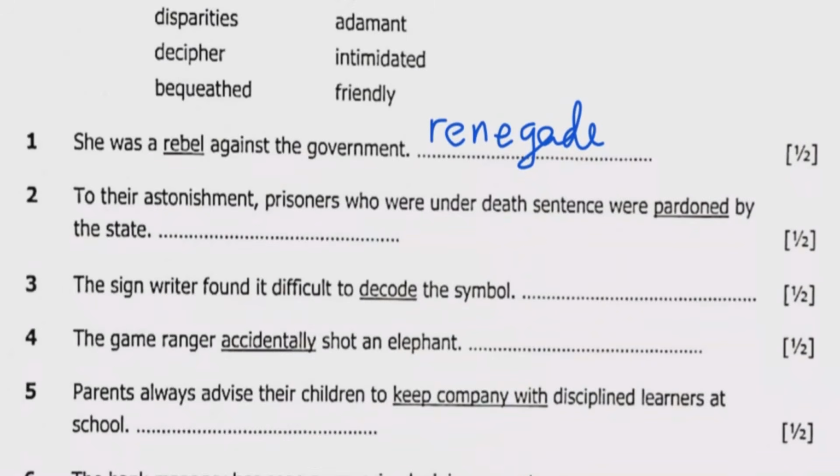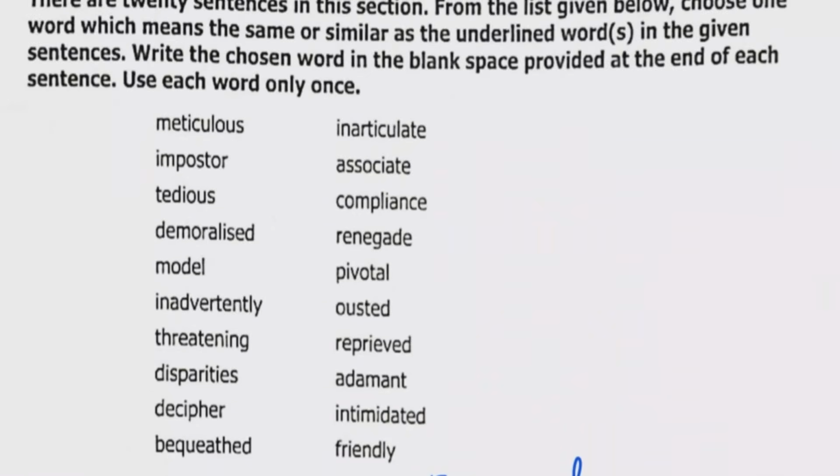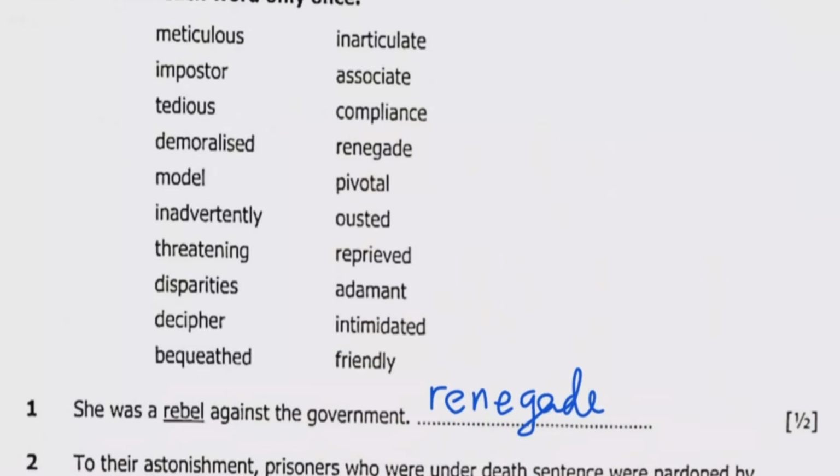We come to 2. Question 2 is, to their astonishment, prisoners who were under death sentence were pardoned by the state. So among these 20 words, which word means pardoned?